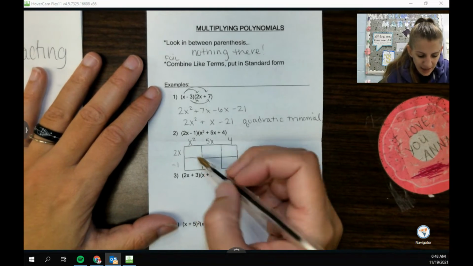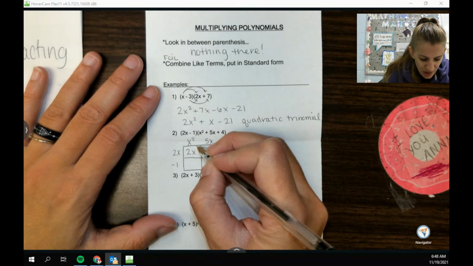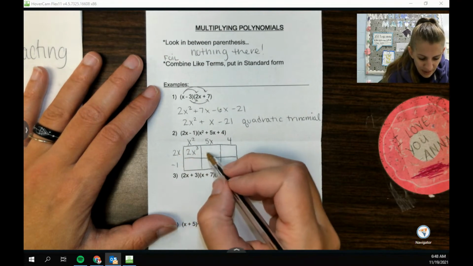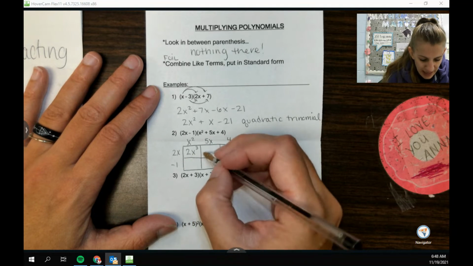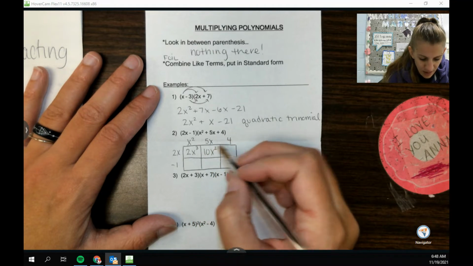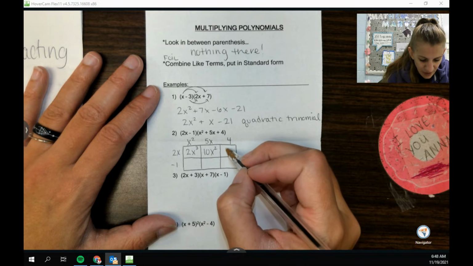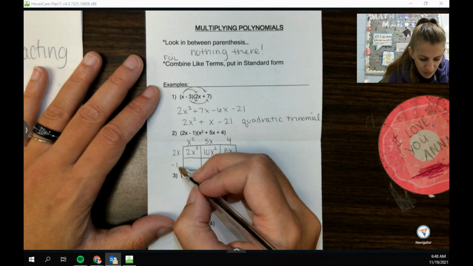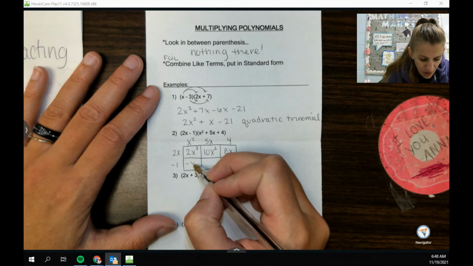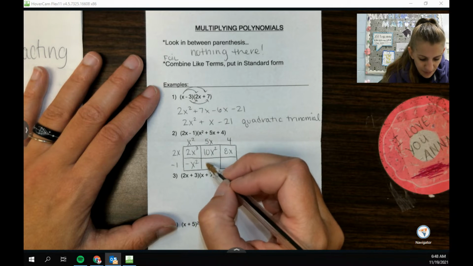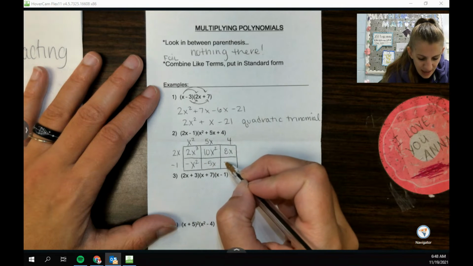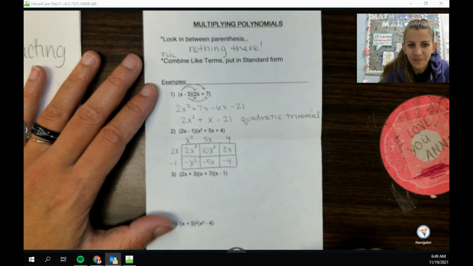So when I multiply here, I get 2x to the 3rd. When I line these ones up, I multiply and get 10x squared. Then I multiply here for 8x. Then we're multiplying down here for negative 1x squared, negative 5x, and negative 4.